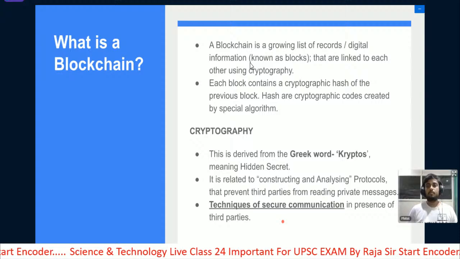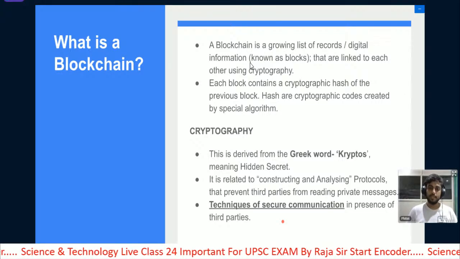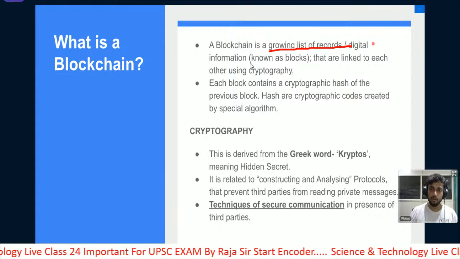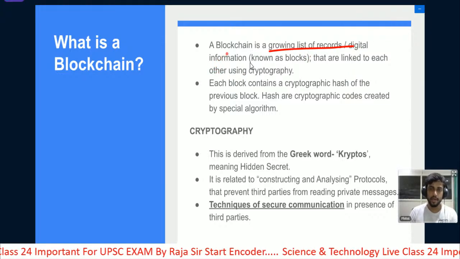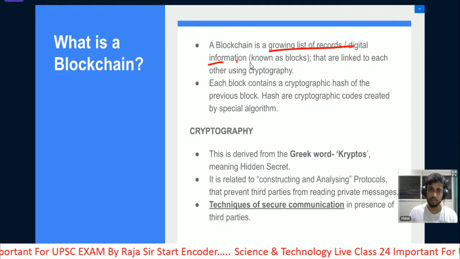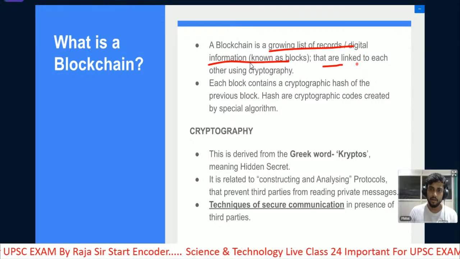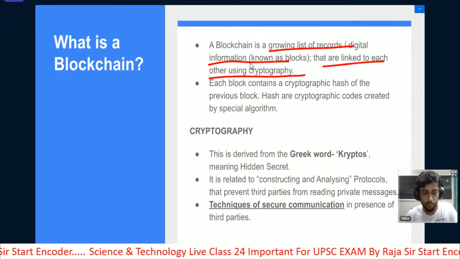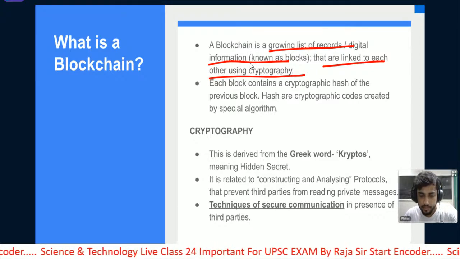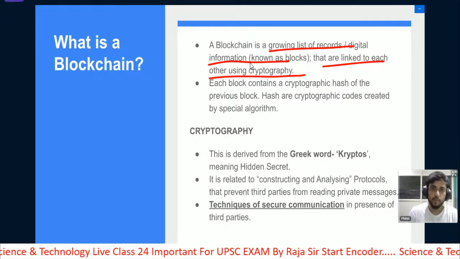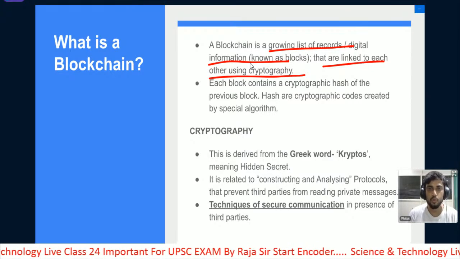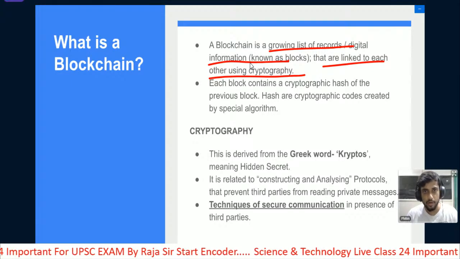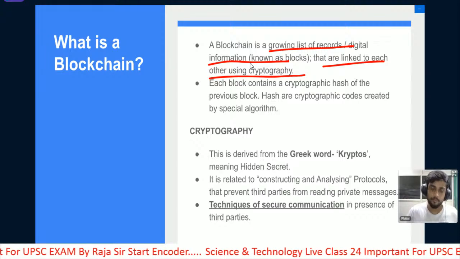Then we talked about the blockchain technology. Blockchain technology is a growing list of records, which are basically digital information. And these blocks are linked to one another using cryptography. So in blockchain we are using computers and databases to store our data, and blockchain offers us an alternative way to store the data.